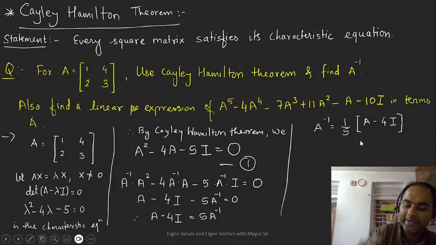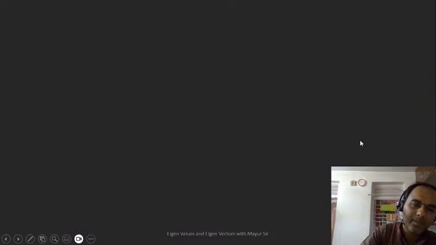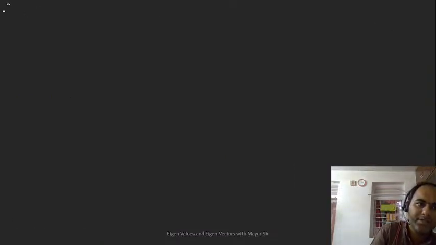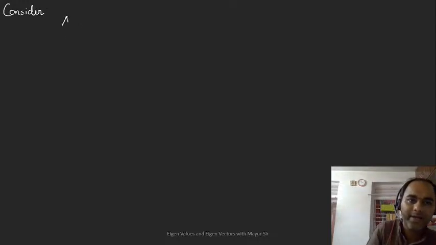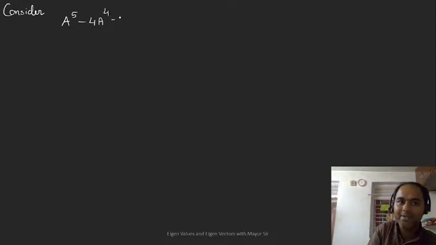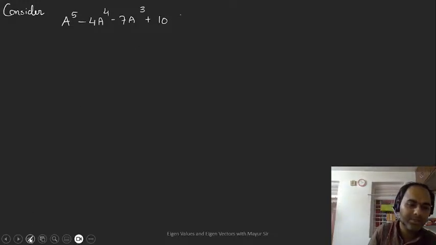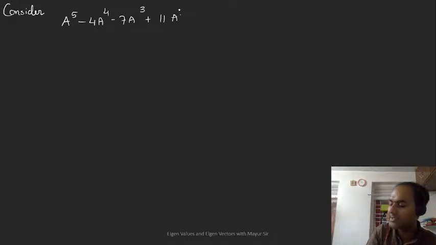Now let us go for finding this polynomial. How to handle it? We consider A raised to 5 minus 4A raised to 4 minus 7A cube plus 11A square minus A minus 10I.